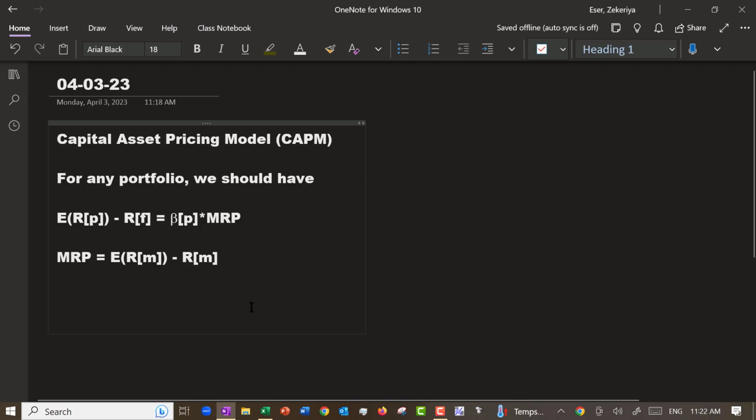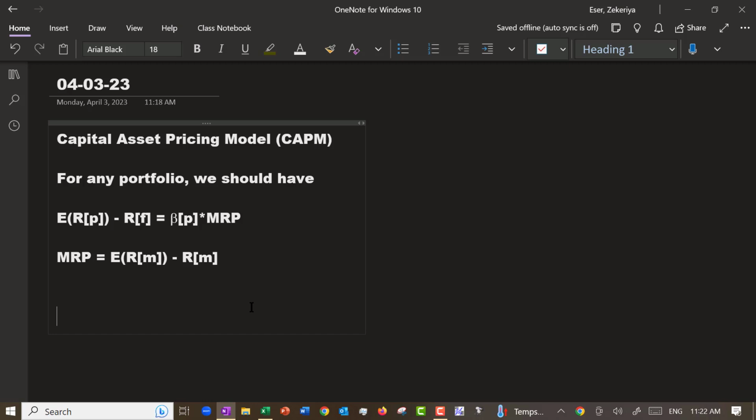In a sense, it says the reward, and what we mean by reward or risk premium for any portfolio is proportional to the market risk premium.